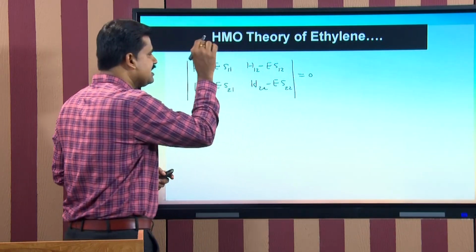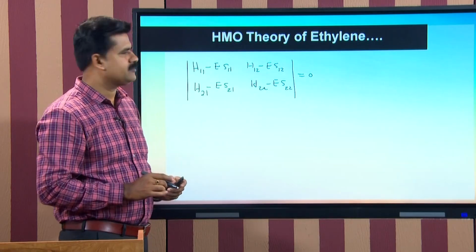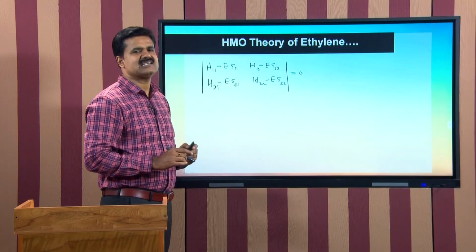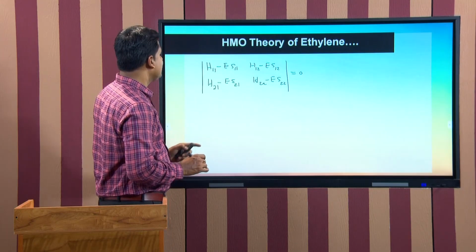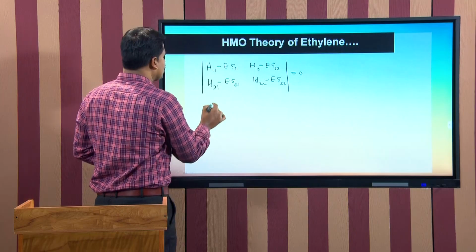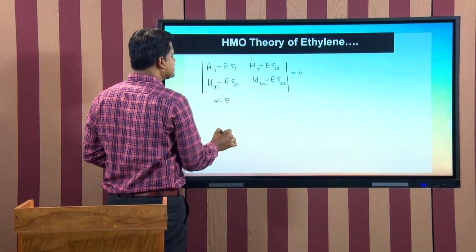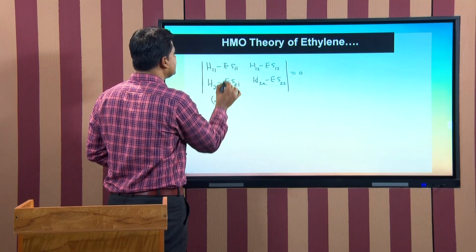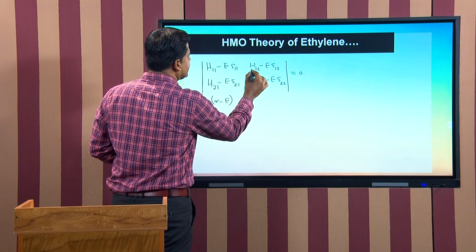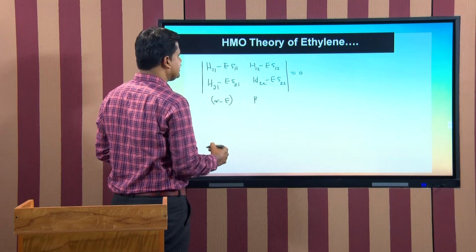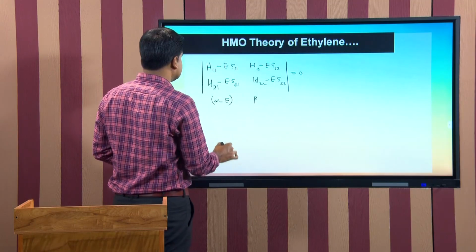So, this is the original form of the 2 by 2 secular determinant, and we have to make approximations based on Huckel's rule. Based on the approximations, H11 is alpha, minus E into S11, which is equal to 1. So, this element is alpha minus E, and the second term, H12, is beta minus E into S12, which is equal to 0. So, this term vanishes.